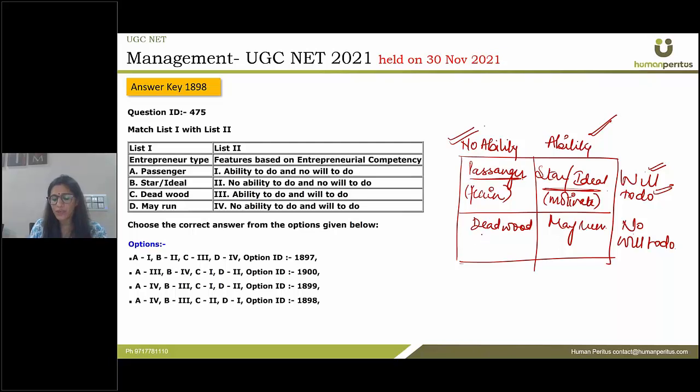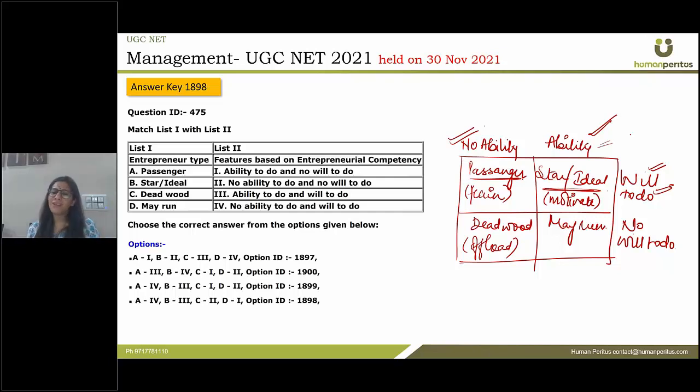Deadwood. As the name suggests, they do not have the ability and they do not have the will to do anything. So basically, they become the burden to the organization. So better would be to offload them or bear the burden. What would be the better option? That is to offload them. All right. Next is may run. May run are the kind of entrepreneurs who have the ability, but they do not have a will to do.